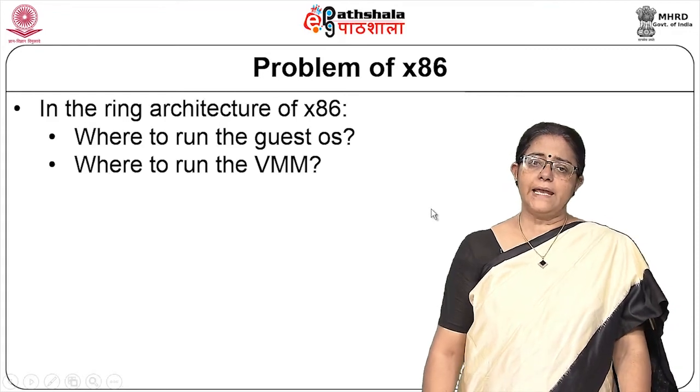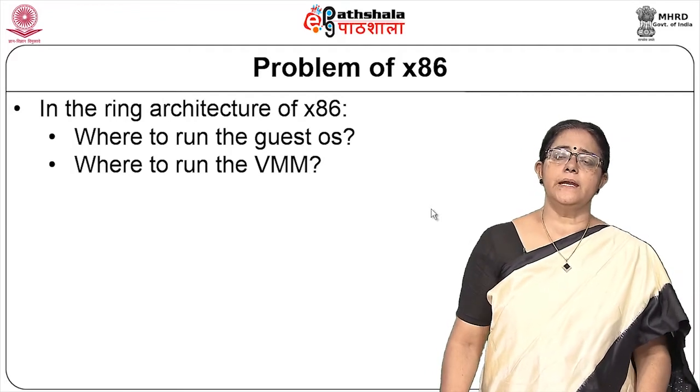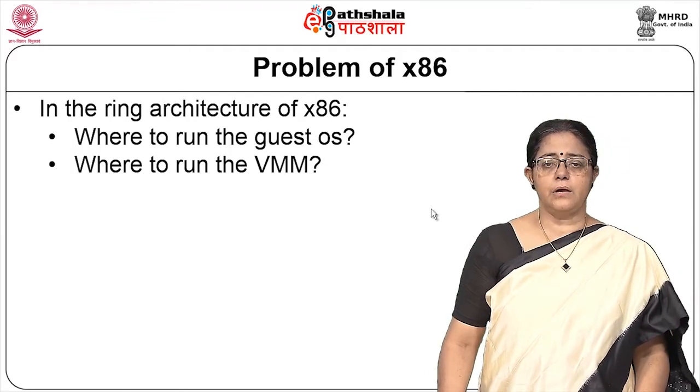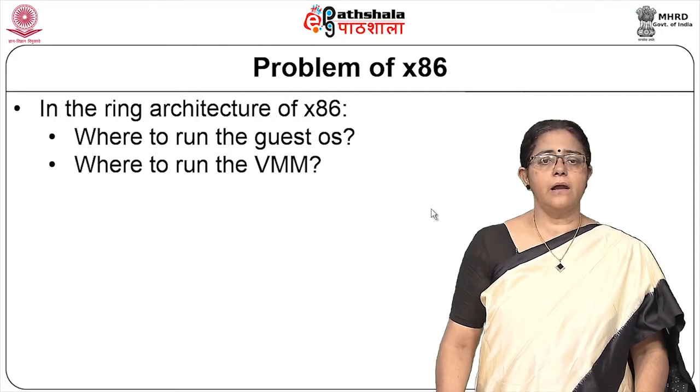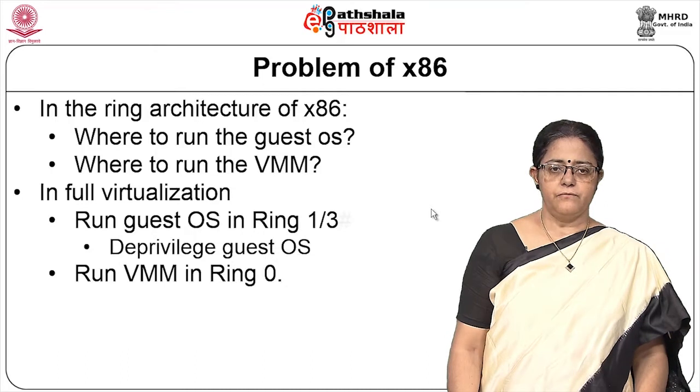So, in x86, if we want to virtualize, we need to run the guest OS at a higher ring. We cannot run the guest OS in the lower ring because we have the VMM.